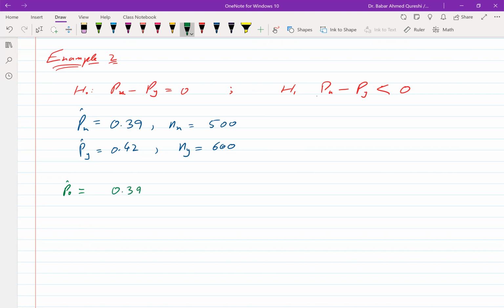So 0.39 times 500 plus 0.42 times 600, that is nx times px plus ny times py, divided by nx plus ny. So zeros just cancel, and I get 0.406.